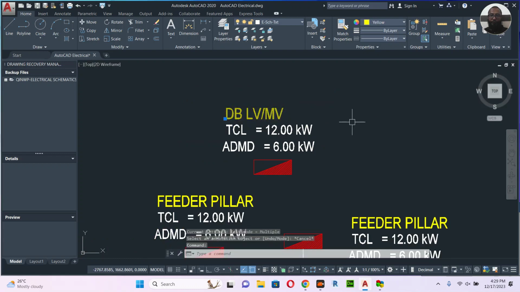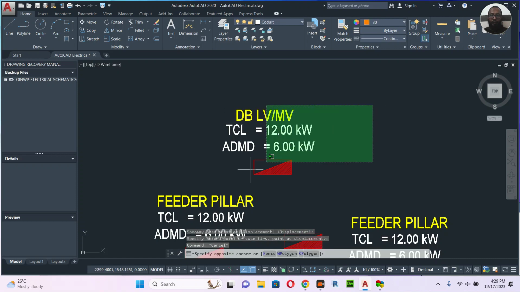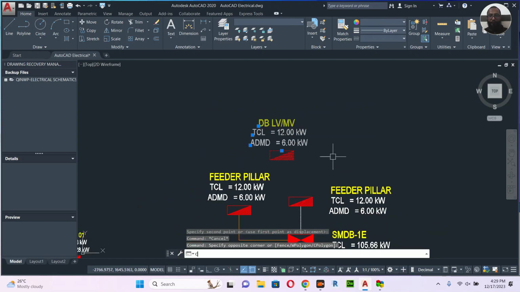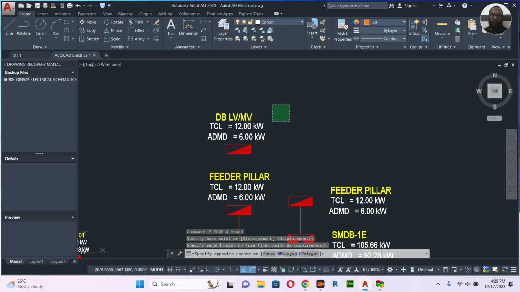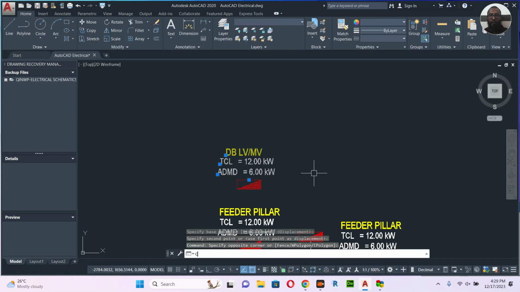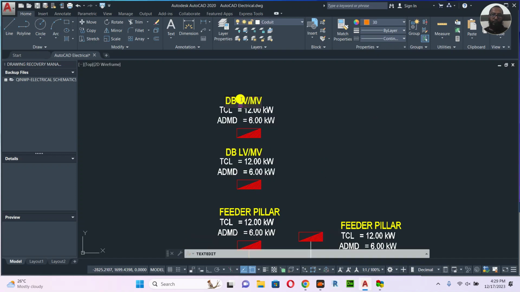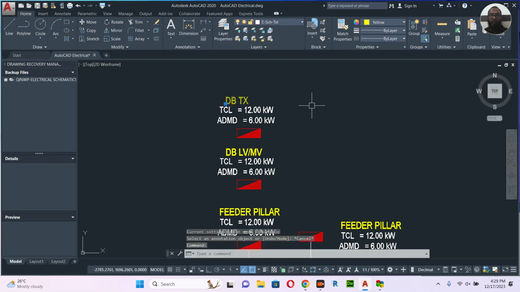So I need another one. I can put it like this, and I need another one, dB TX.